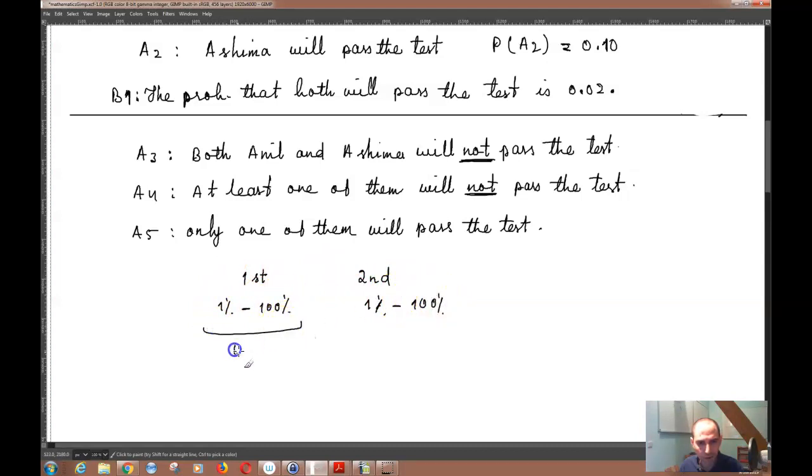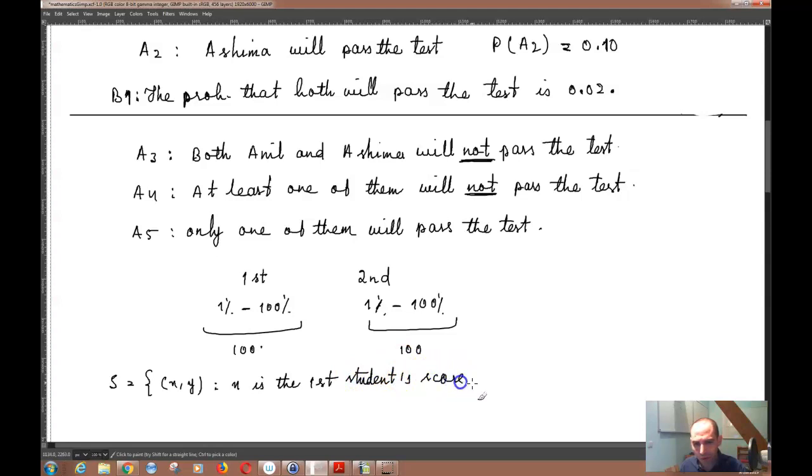So you would have 100 outcomes over here, and 100 times 100 would be 10,000 different ordered pairs, each containing the ordered pair X and Y, in such a way that X is the first student's score, and Y is the second student's score.